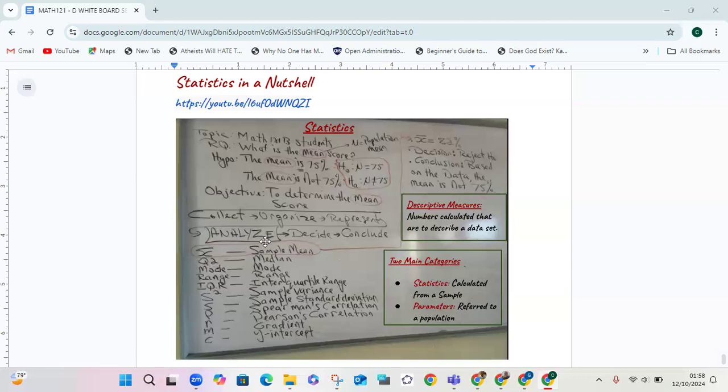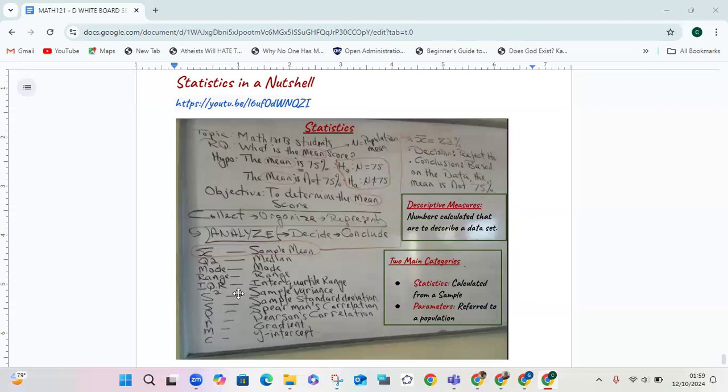You have the sample mean, here's the symbol for the sample mean, the median, here's the symbol for the median, the mode. The mode is not so popular in numerical analysis, so it does not even have an official symbol, neither the range. The interquartile range, abbreviated IQR.